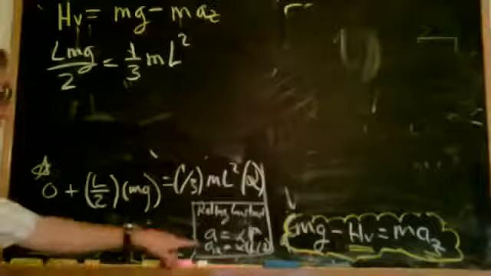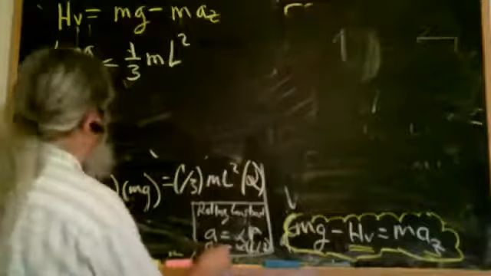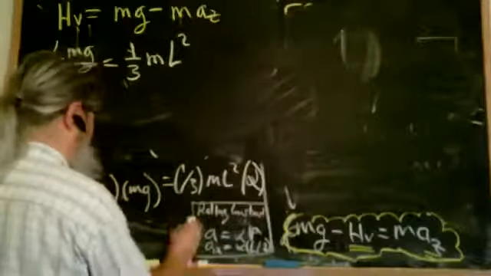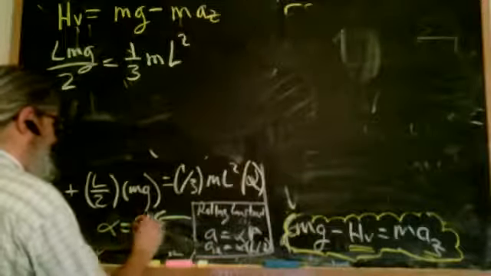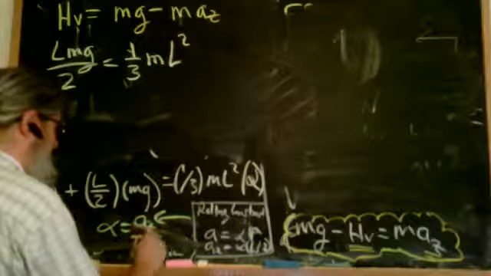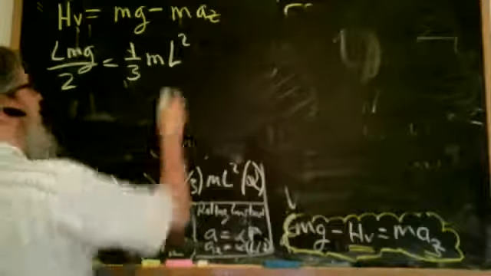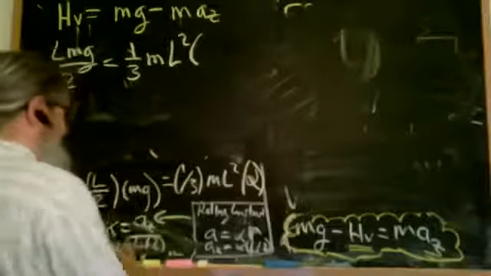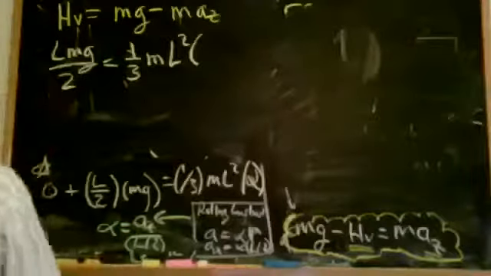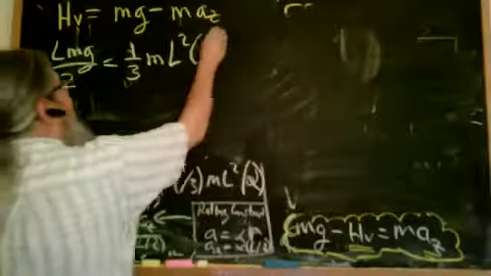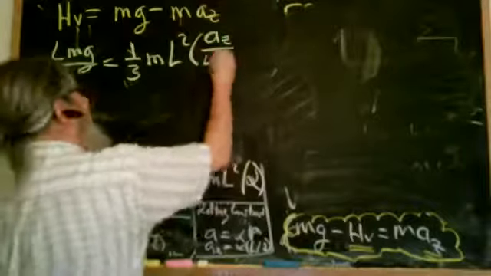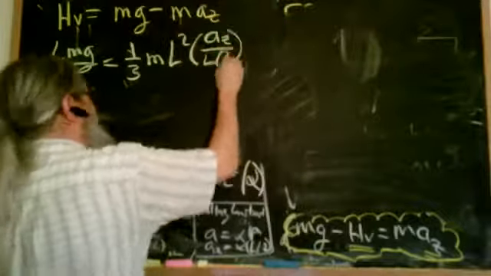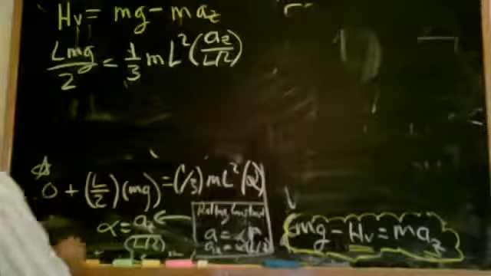And then finally, I will use this equation here, which says that I can rewrite this as alpha equals A sub Z over L over 2. So I'm going to substitute that in for alpha. So that will be A sub Z over L over 2. So we just have to watch the algebra when we do this.